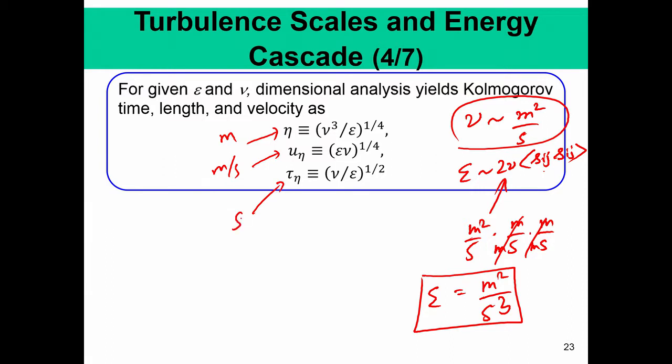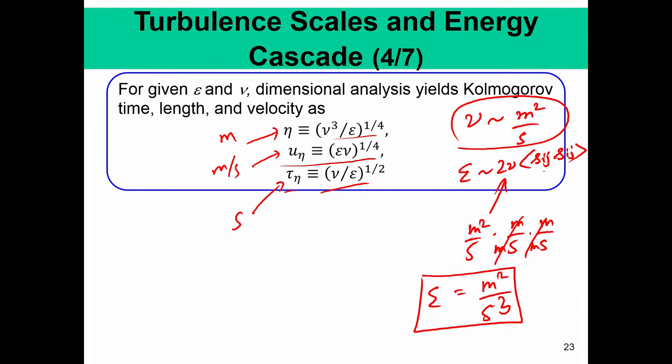So, using these quantities, how can we form these scales? The length scale eta can be formed only as nu cubed by epsilon to the power of 1/4. The Kolmogorov velocity scale can only be formed as epsilon times nu to the power of 1/4, and tau eta can be formed only as nu by epsilon to the power of 1/2.